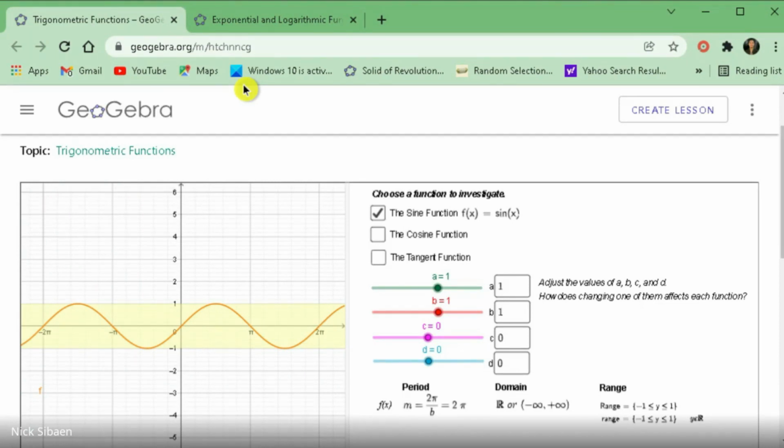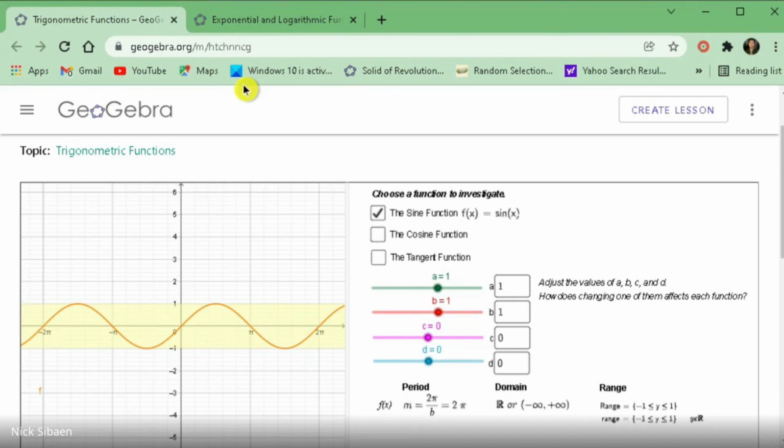SIN is the shortcut for the sine function. COS we read as cosine, and then TAN, tangent function. Let us investigate the graph of these trigonometric functions so that we'll be able to tell the domain and the range.